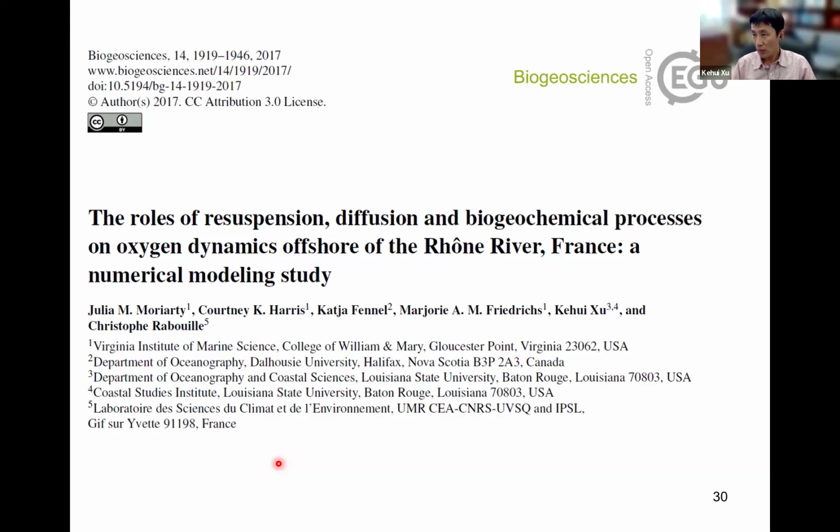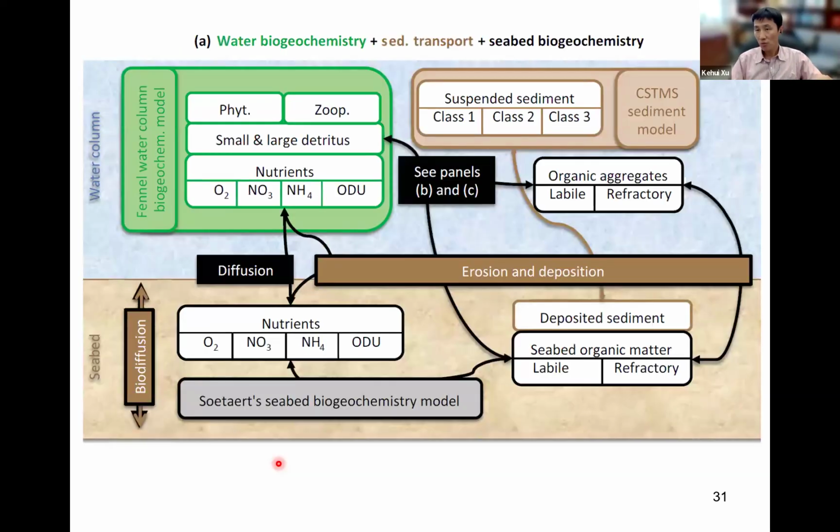She initially published a paper to study a river in France. So these are the processes. There is a module already in ROMS, developed by Fennell et al. We call this an MPZD model. The CSTMS model already includes the suspended sediment, seabed erosion and deposition.